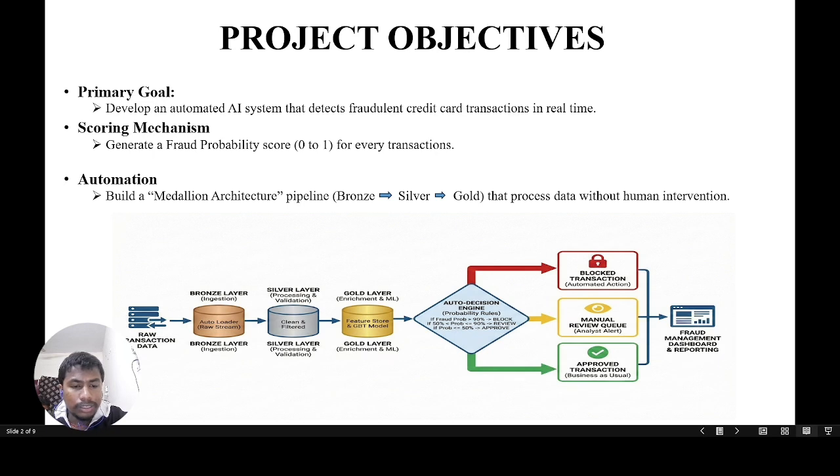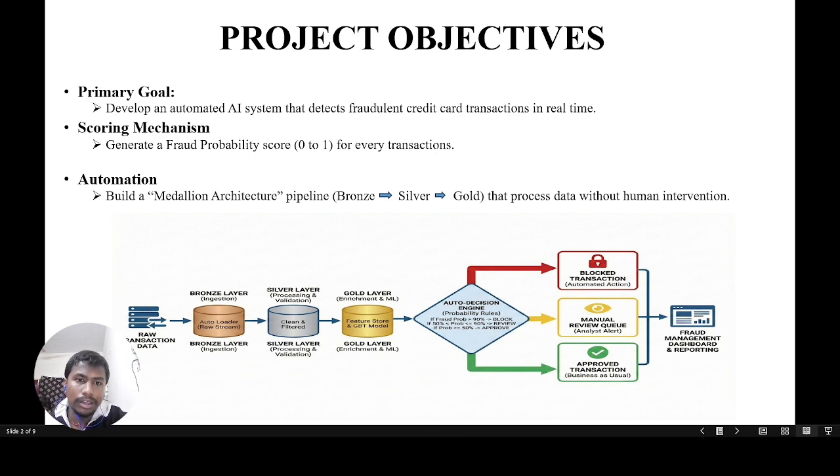After converting the raw or CSV files into delta tables in the bronze layer, the data goes to the silver layer, where the delta tables are cleaned and filtered.